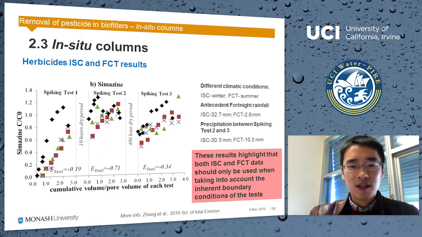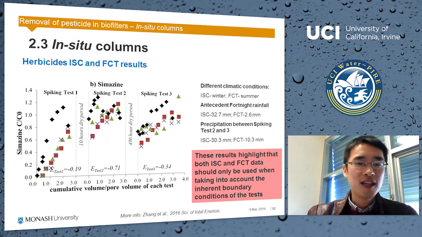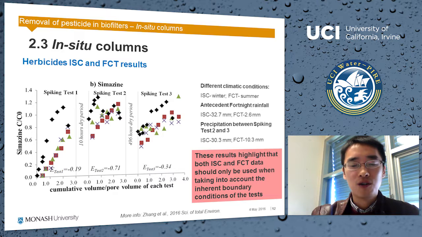Next slide, slide 12, shows the results we've got. The black points show the in-situ challenge test, as I introduced in the beginning, and the colored points show the results from the in-situ column experiment.